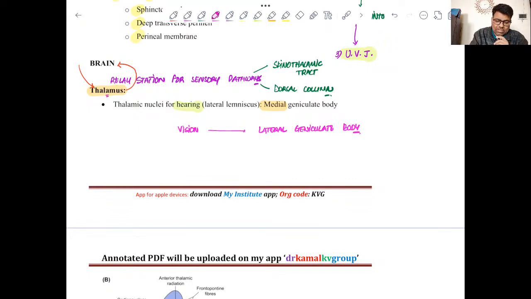Otherwise all sensations reach the thalamus first. Now how to remember medial for hearing and lateral for vision? Remember hearing as music. So remember M of music and M of medial geniculate body. Then obviously lateral will be for vision.